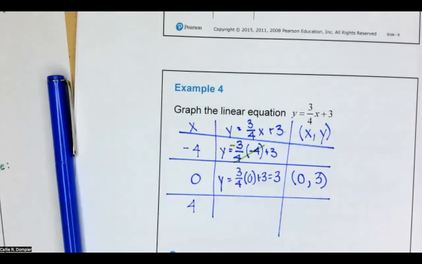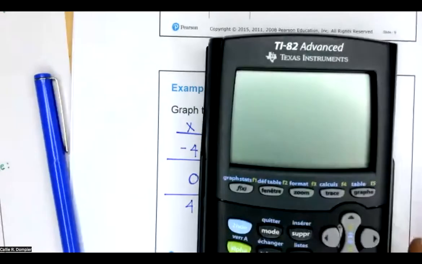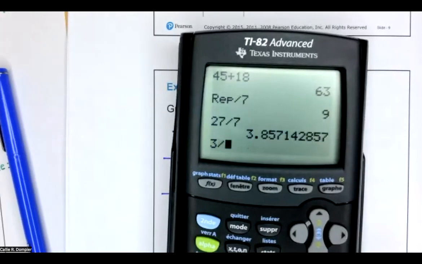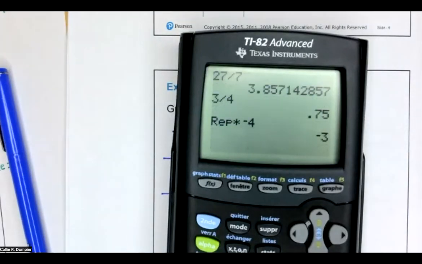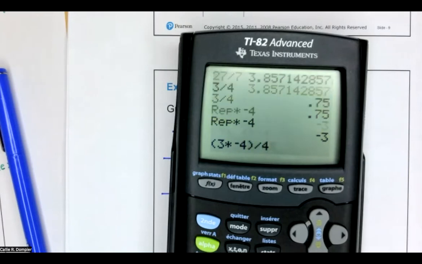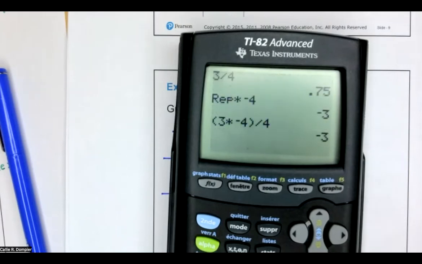Good. So 3 divided by 4 times -4 becomes -3, because you can either take it like 3 divided by 4 times -4, or 3 times -4 divided by 4, or 3 times 4 divided by -4, which is -1.